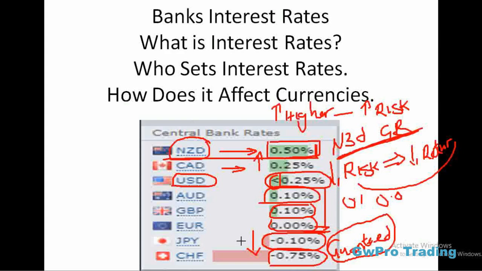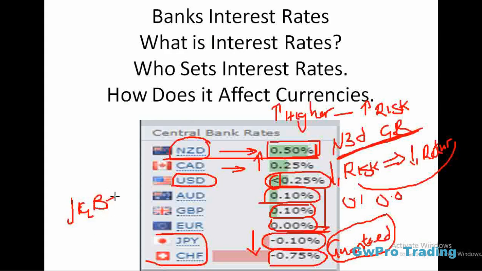So in a risk off market mode, say there is COVID, during the COVID, you would see that more of the investors will want to buy the Japanese government bond.